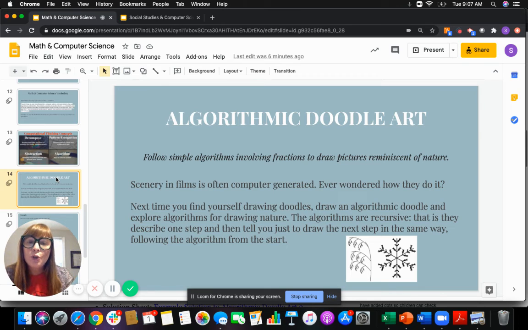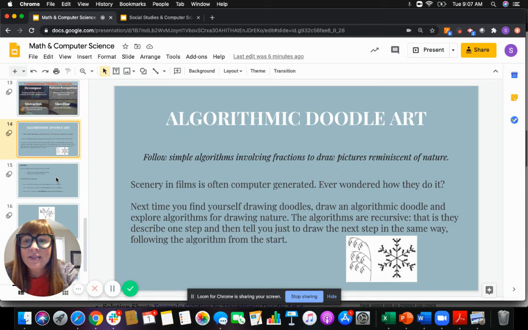What they're going to do is you're going to give them the algorithm, and what we know is that algorithms are what we call recursive, and that is they describe one step and then tell you how to do the next one in the same way. That recursion is part of what we do in computer science so that our computers will do the same thing over and over again. So let's look at this example.